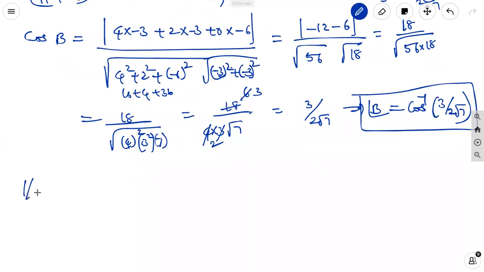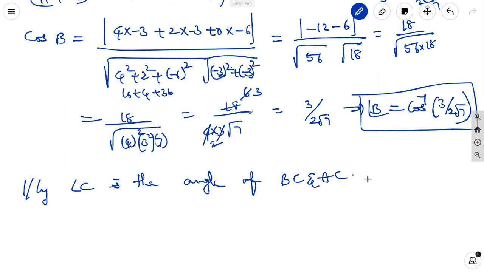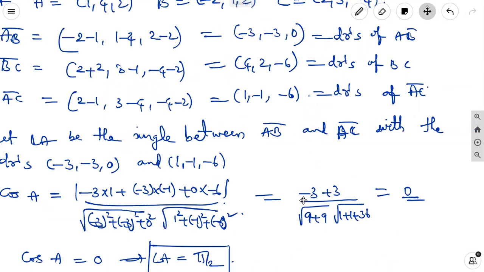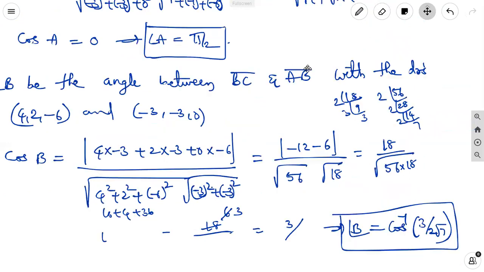Similarly, angle C is the angle of BC and AC with the DRs (4, 2, -6) and (1, -1, -6).